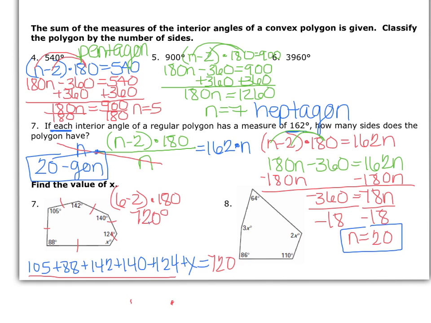So now I'm going to combine all of that together. 105 plus 88 plus 142 plus 140 plus 124 gives me 599, plus x is 720. Subtract 599 from each side. So 720 minus 599, you're going to get 121.